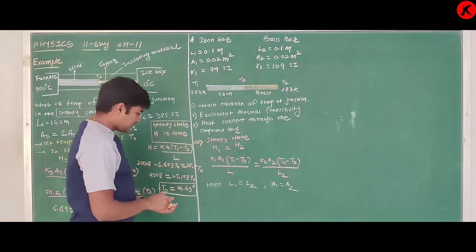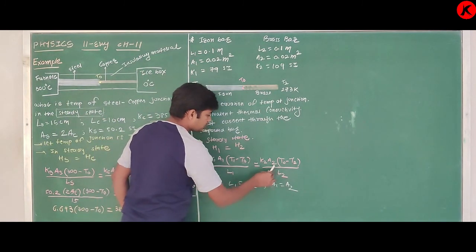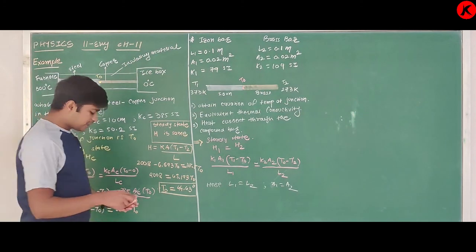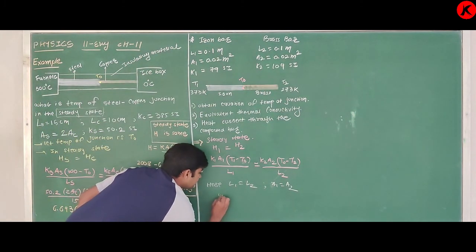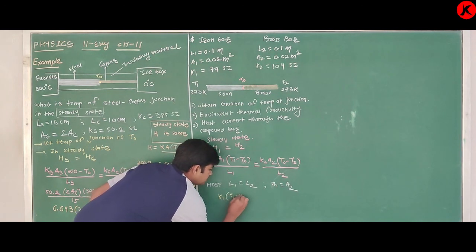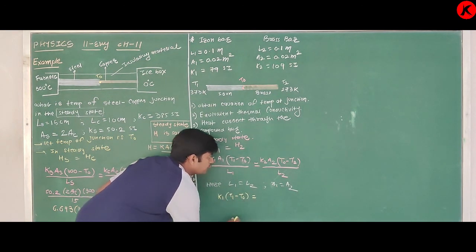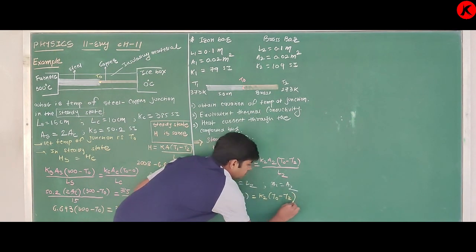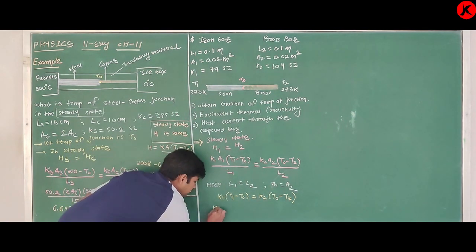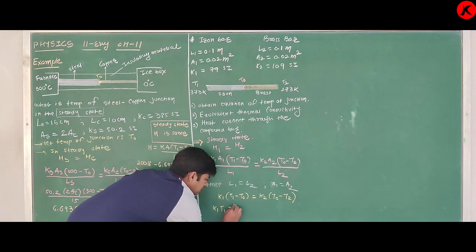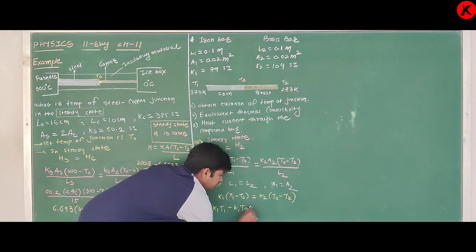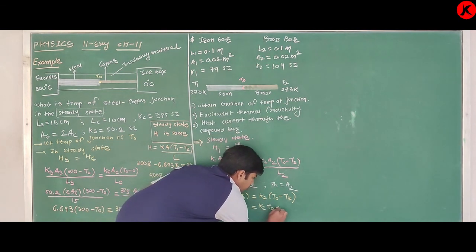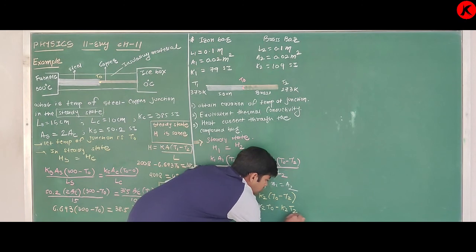So as L1 equals L2 and A1 equals A2, the remaining terms I can write as K1 times T1 minus T0 equals K2 times T0 minus T2. Now simplify: K1 T1 minus K1 T0 equals K2 T0 minus K2 T2.